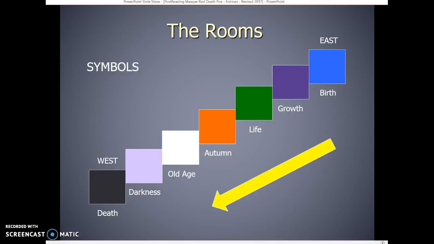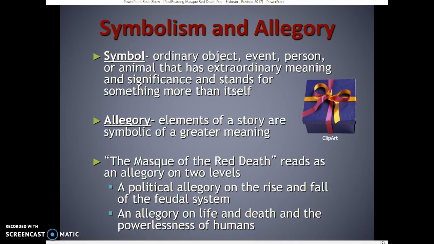Now when we move into allegory, that's a little different. A symbol is an ordinary object, event, person, or animal that has an extended meaning, significance, or something beyond itself. For example, your teacher wears a wedding ring. It's just a ring.